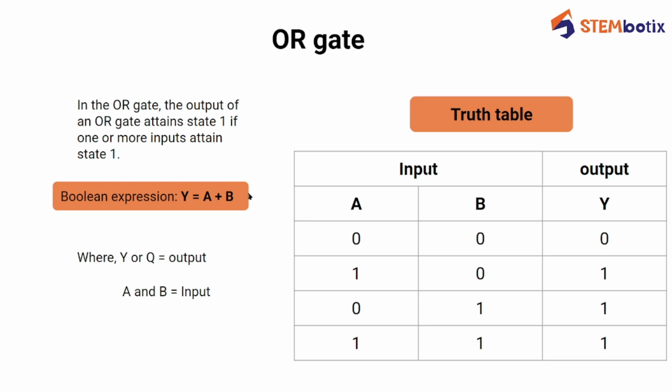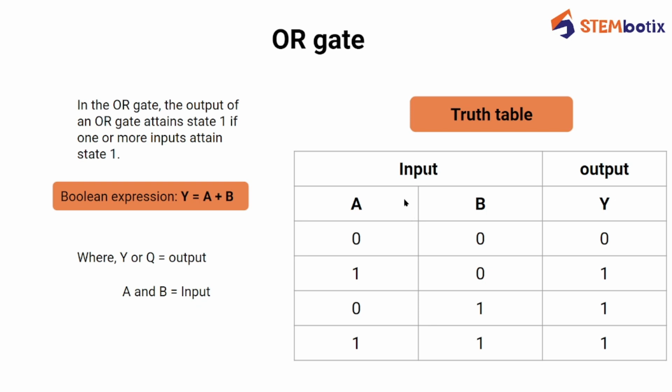You will get higher output when one of the inputs is in state 1. Only if both quantities are 0 will the output be 0, but if any one of them is non-zero, the output is also non-zero. So Y, or Q, is the output, and A and B are the inputs.